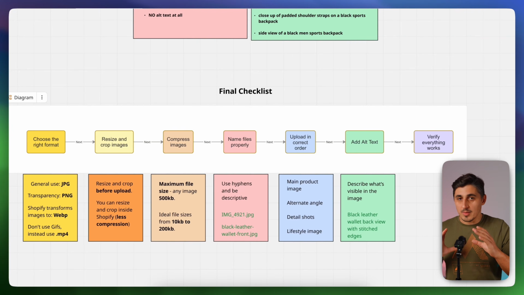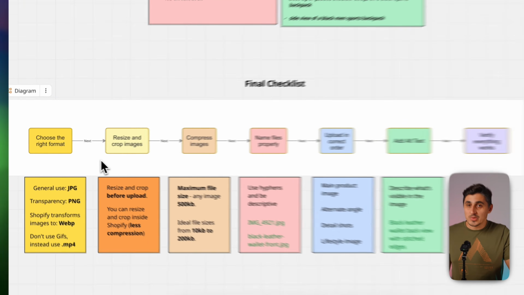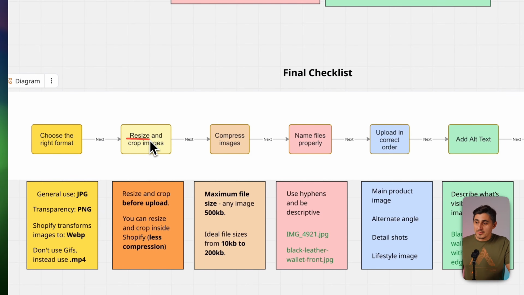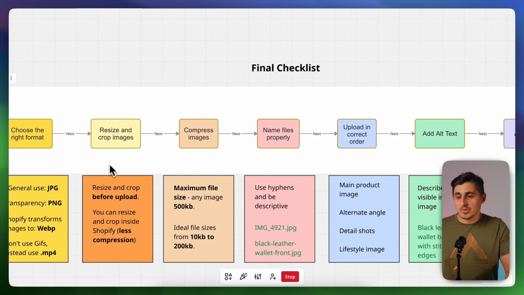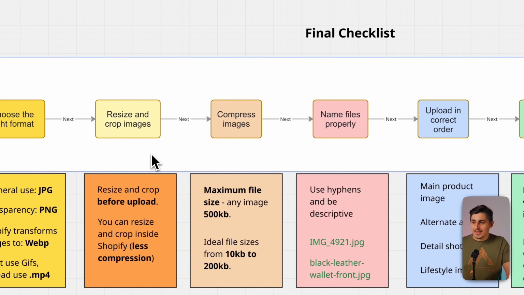We don't need big images that come directly from DSLRs. Those are good for print, but for websites we need images that are properly resized and cropped to fit our layouts. Now, even if we've resized our images, we still can save some bandwidth by compressing our images.